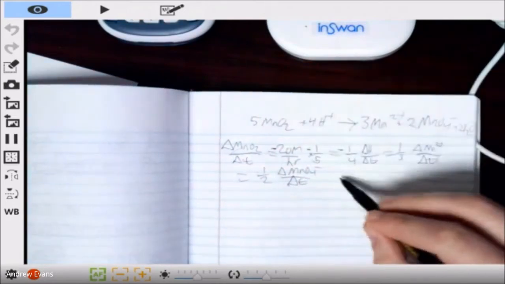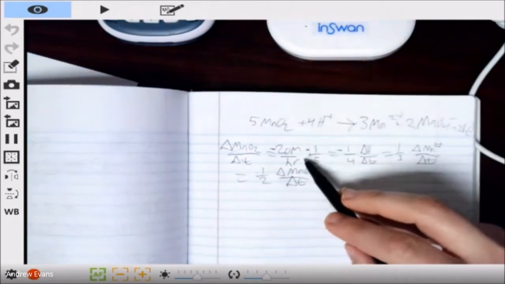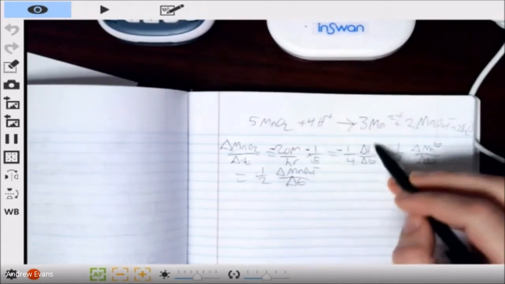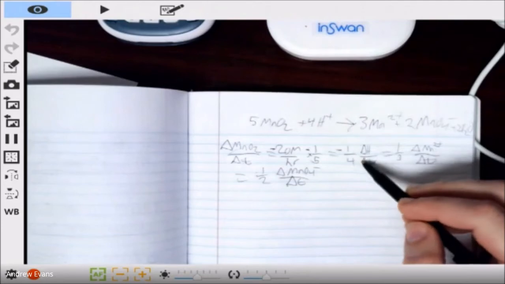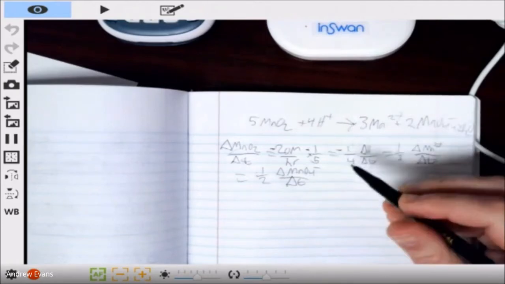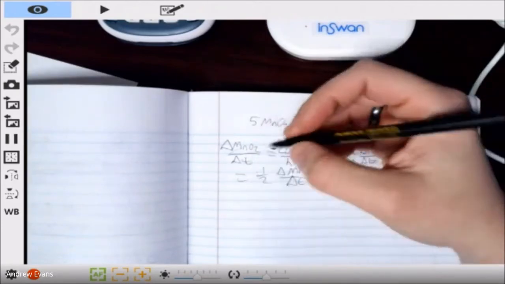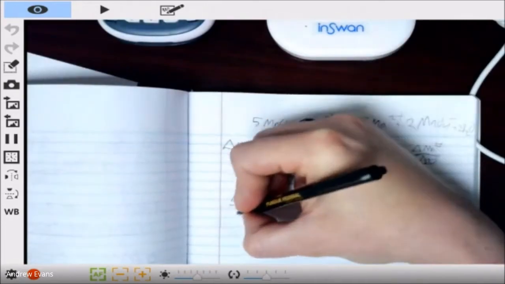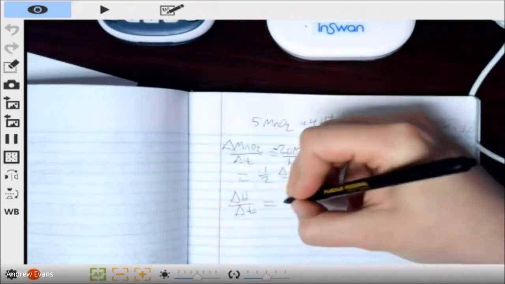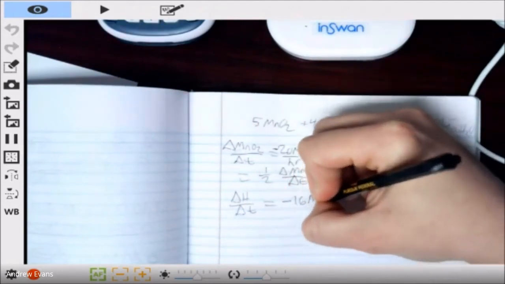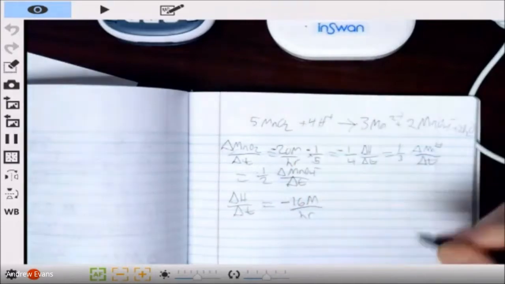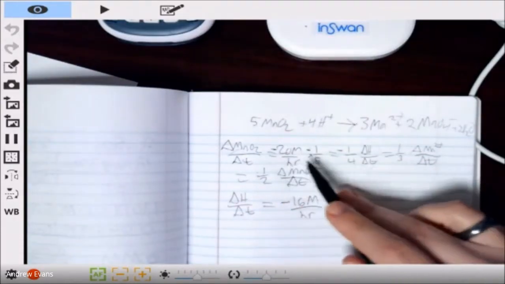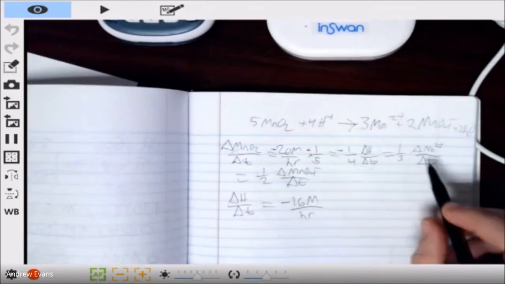So looking there, negative 20 divided by negative 1/5 is positive 4. To solve for this guy, we're going to have to multiply by negative 4 over 1. So 4 times negative 4 for hydrogen, it's going to be negative 16 molar in an hour. So 4 molar per hour times positive 1/3.